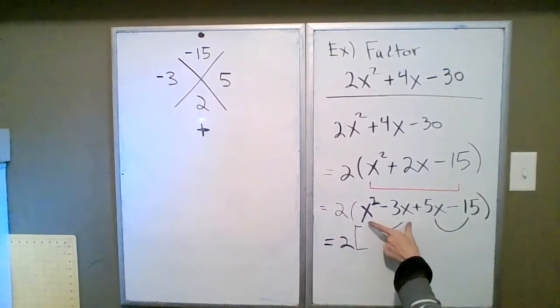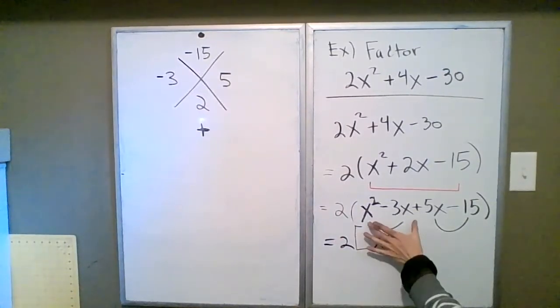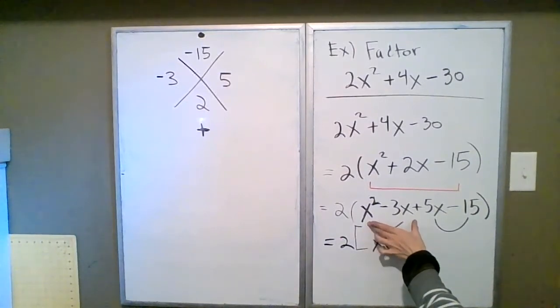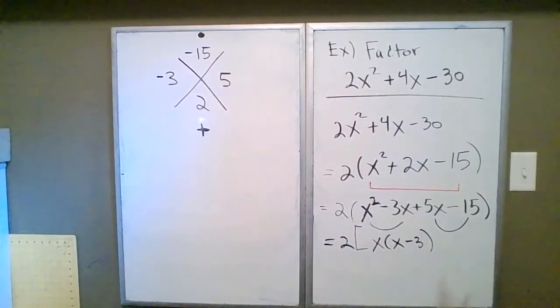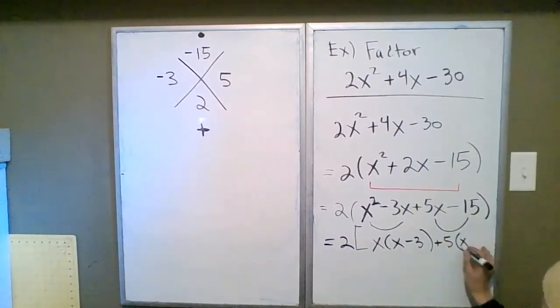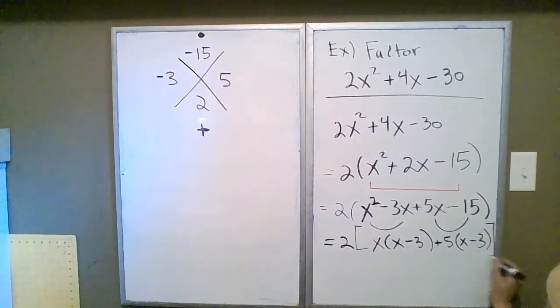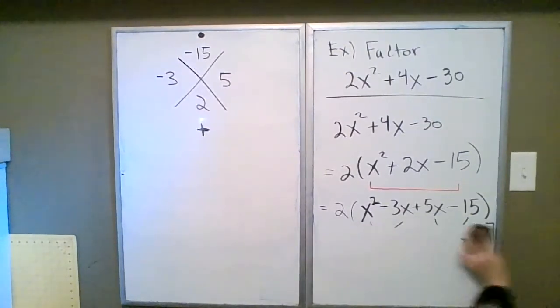All right, we're factoring out an x from x squared minus 3x, which would leave x minus 3. Here, factor out positive 5 times x minus 3. Oof, got messy. I'm going to redo this here a little bit.